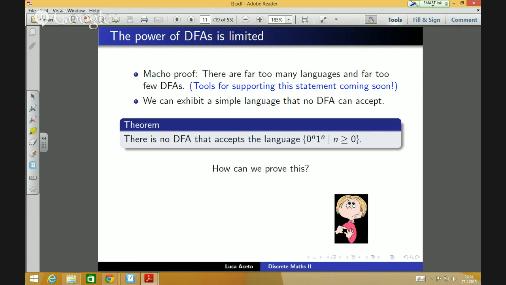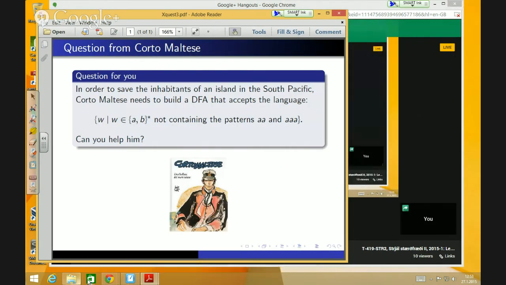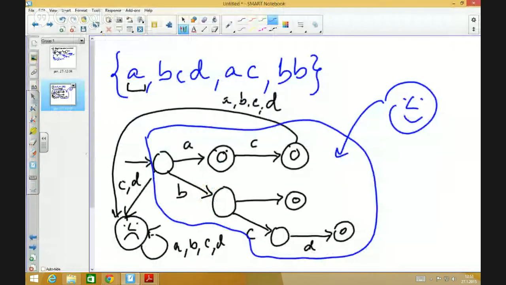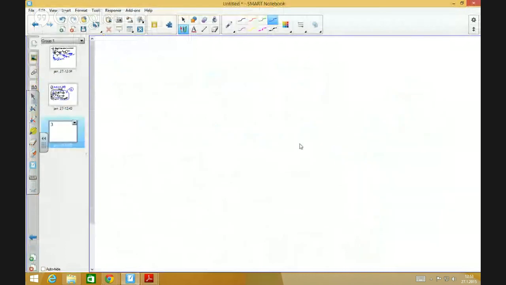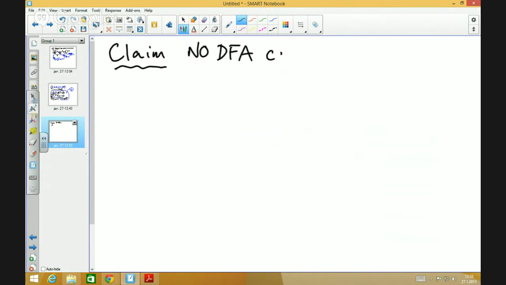So I apologize beforehand, but I have to show it to you. It's just too cool and too nice. Okay, so what is it that I want to show? My claim is the following. No DFA under the sky can accept this language.